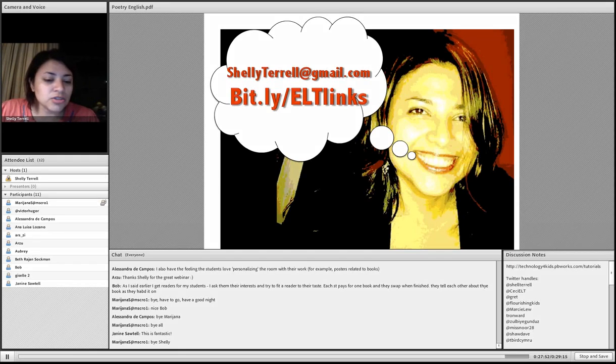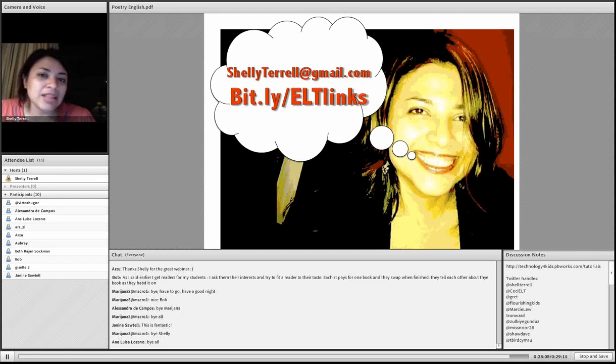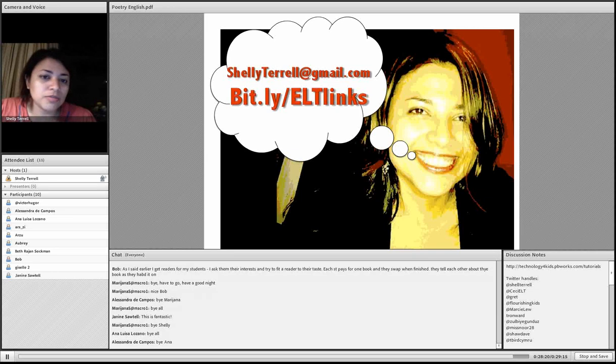And Alessandra says, I also have the feeling students love personalizing the room with their work, for example, posters related to the book. I think so too. And if you go back to some of the webinars, like the comics one and the graphic novels one, those relate, and also the one on QR codes, because there's a lesson in there where the students do a book review through video or a podcast, and they make a QR code for it.